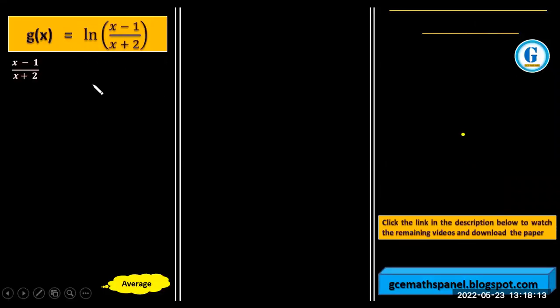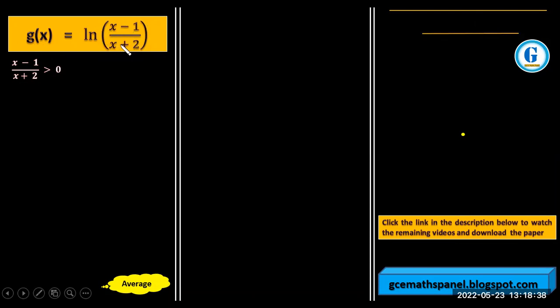The first thing they wanted us to do was look for the domain of definition of this function. To get the domain, first of all, ln is not defined for 0 or negative numbers. So whatever we have in this bracket should be strictly greater than 0. So (x minus 1) over (x plus 2) should be strictly greater than 0. And secondly, if x minus 1 equals 0, this will give us ln 0, which is undefined.